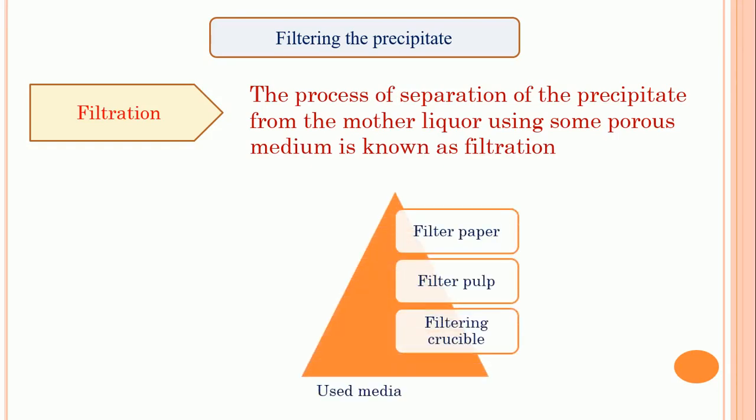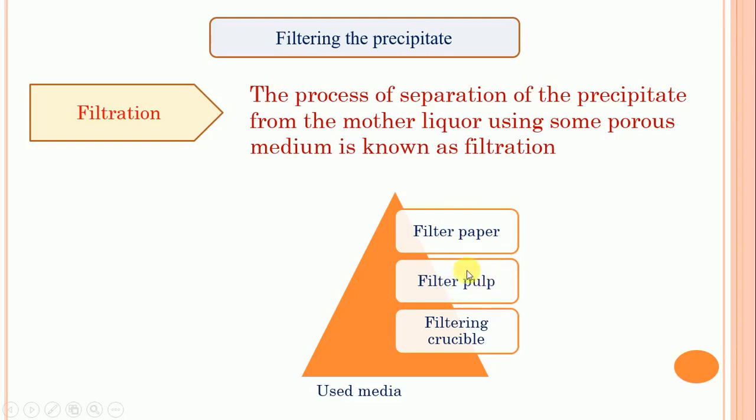These are the three media used for the filtration purpose. The first medium is filter paper, which is the most commonly used. The second is filter pulp. When filter paper is not sufficient to separate the precipitate, or does not satisfy the requirement, then we can use filter pulp.